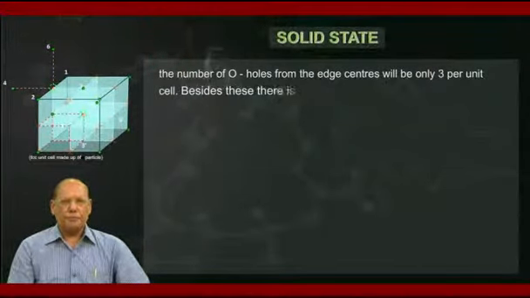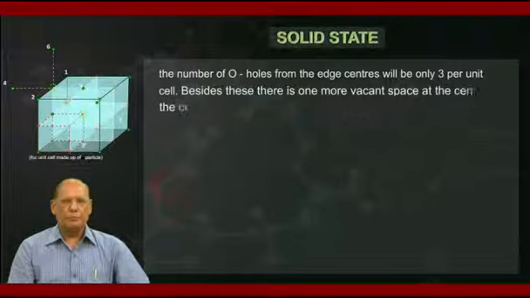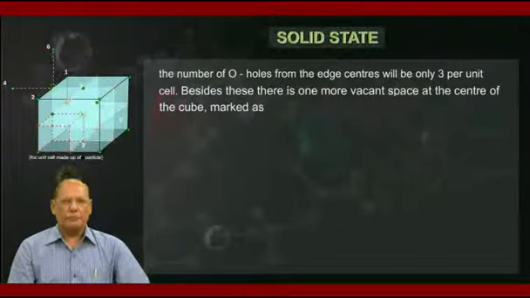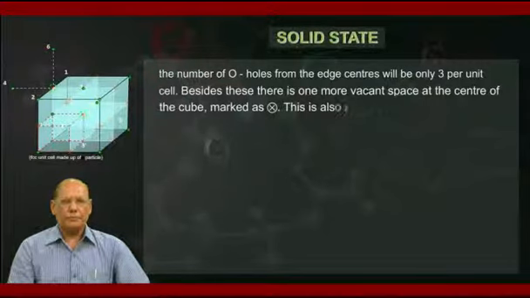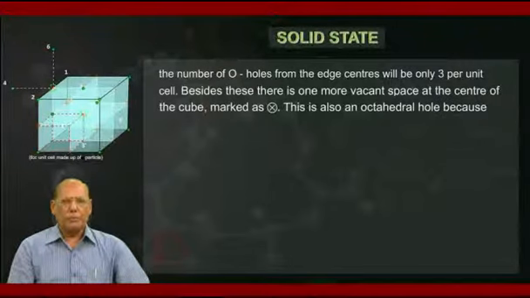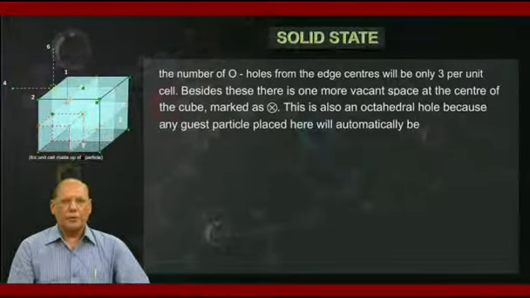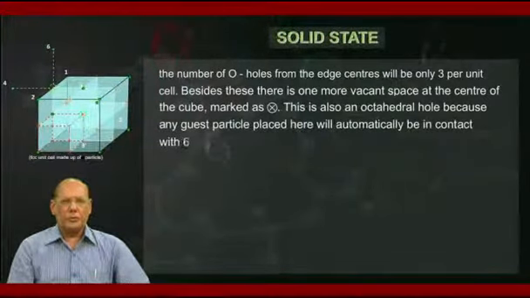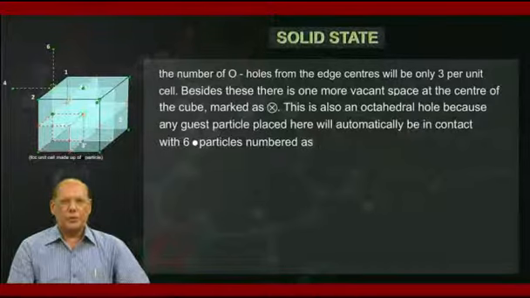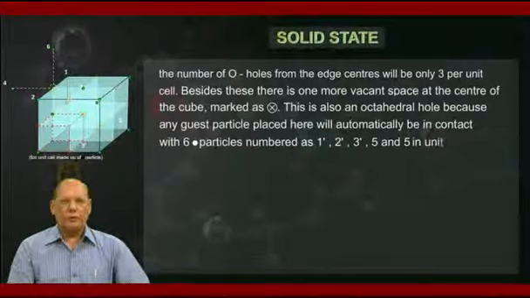Besides these, there is one more vacant space at the center of the cube that I have marked by a violet cross. This is also an octahedral hole because any guest particle placed here will automatically be in contact with 6 dot particles numbered as 1 dash, 2 dash, 3, 3 dash, 5 and 5 dash in the unit cell itself.